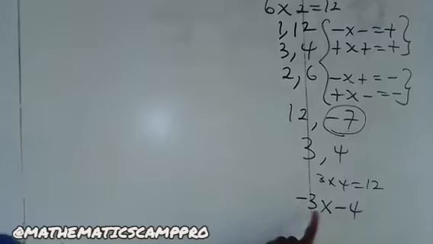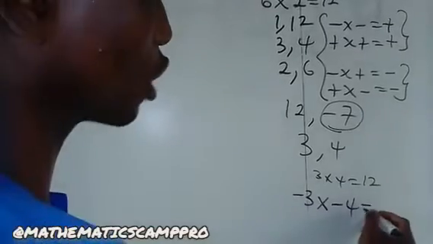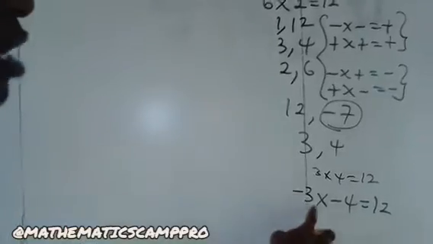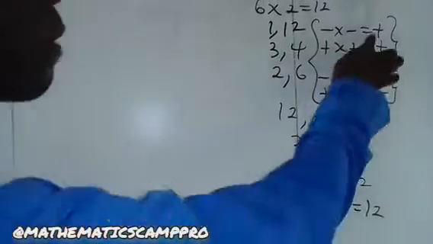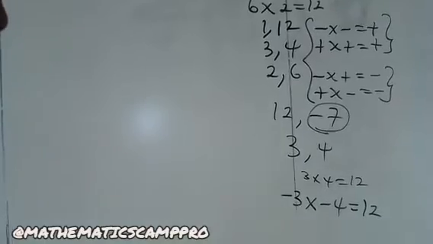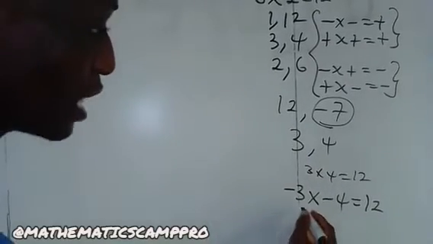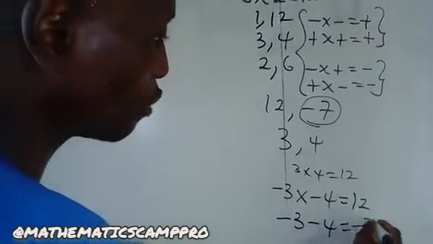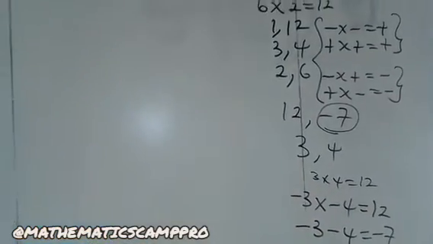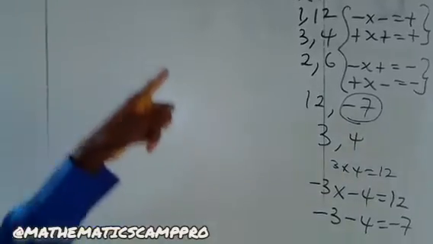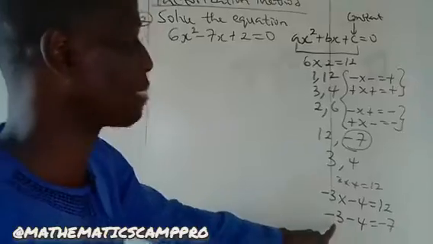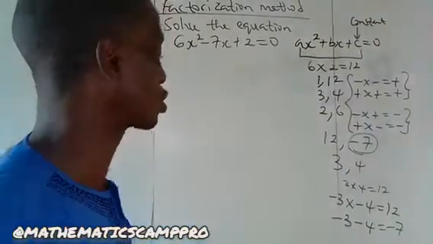Minus 3 times minus 4 gives me 12, because minus times minus gives plus. And minus 3 minus 4 is going to give you minus 7. Now, viewers at home, the factors that you are going to use in solving this quadratic equation are minus 3 and minus 4.